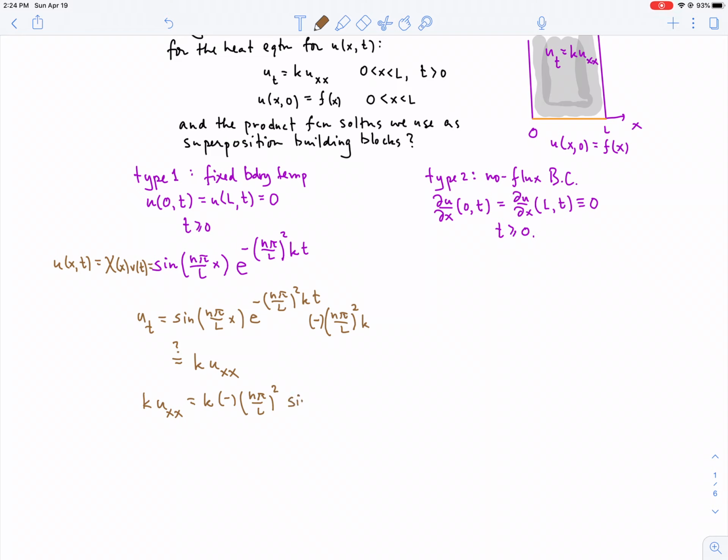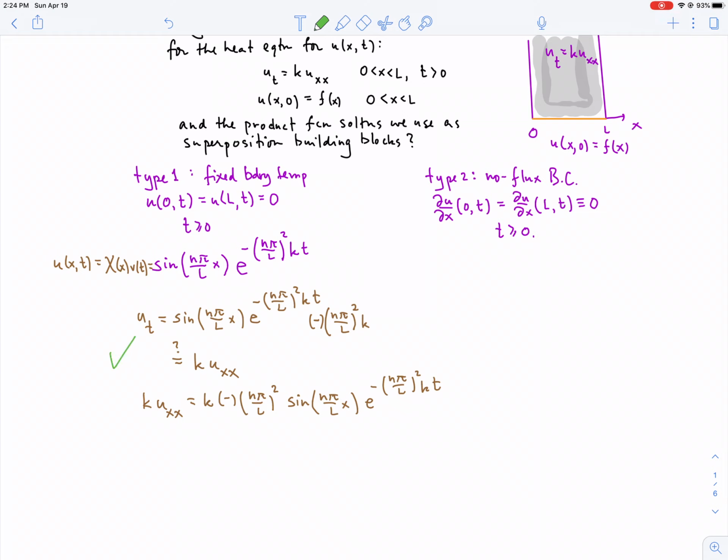And then it'll come back to sine n pi over L x e to the minus n pi over L squared kt. And if you stare at these two things, the ut and the k uxx, you'll see that every single term matches up now that I've remembered to put them all in.